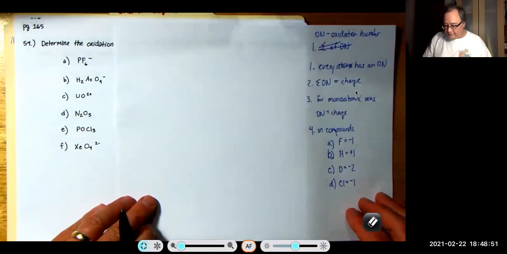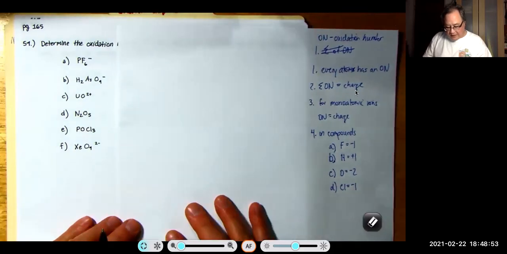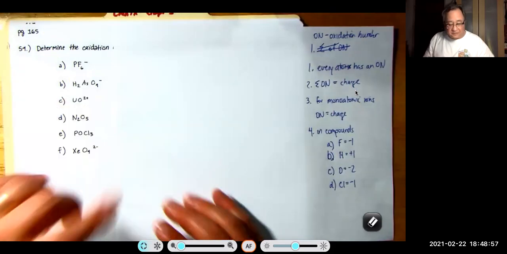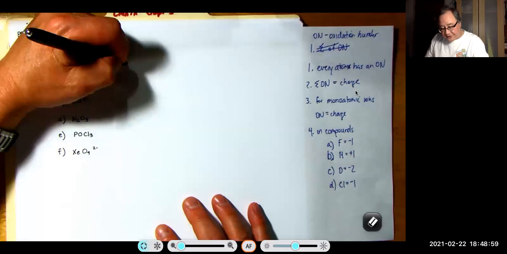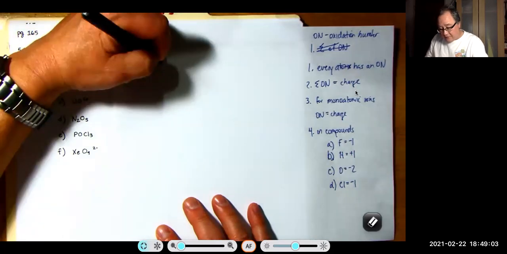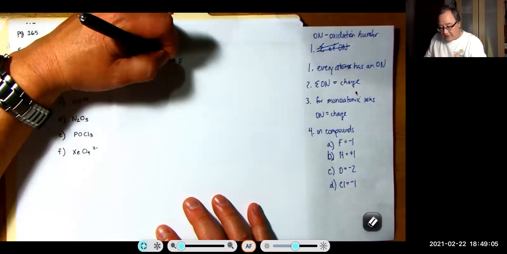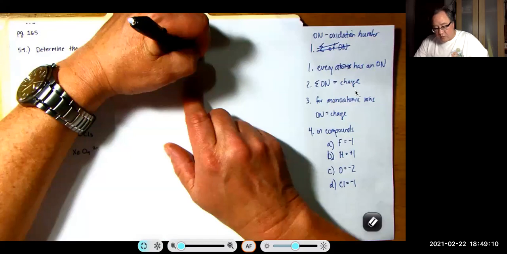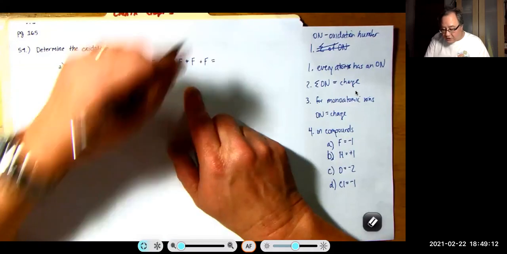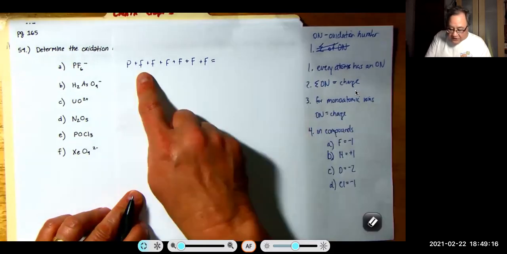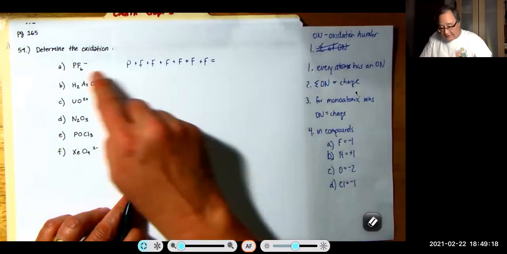So how many oxidation numbers do we have in A? We have 7. We have a phosphorus and six fluorines. When we add up all these oxidation numbers, so this is number 2, it has to equal a -1.